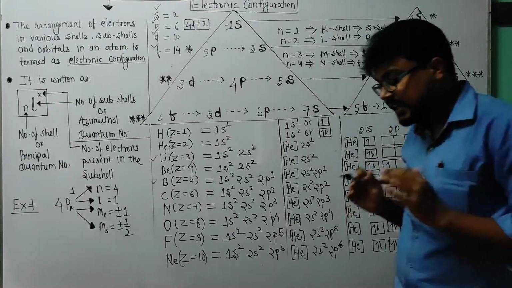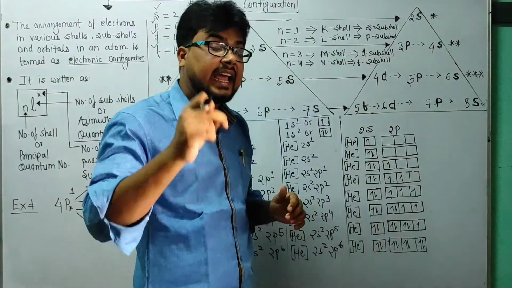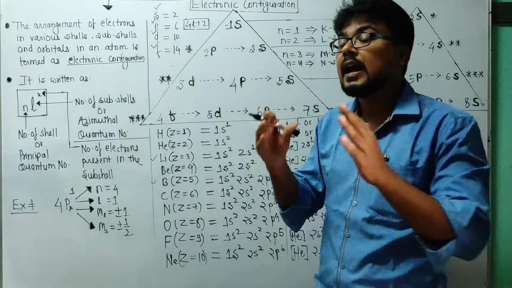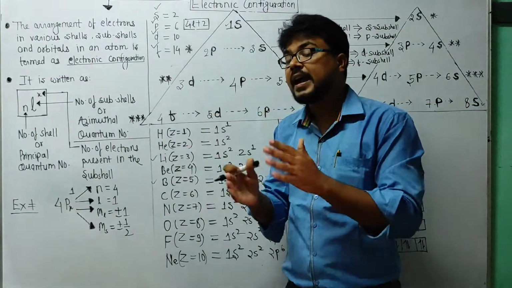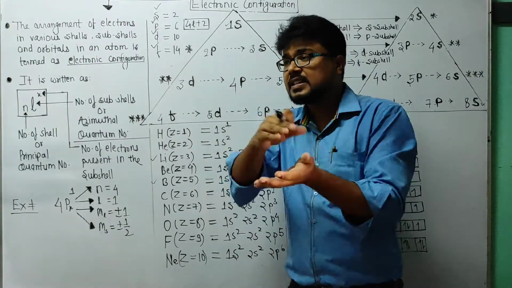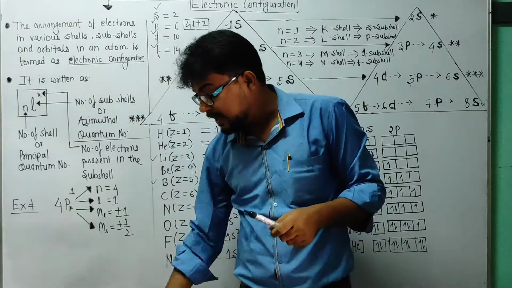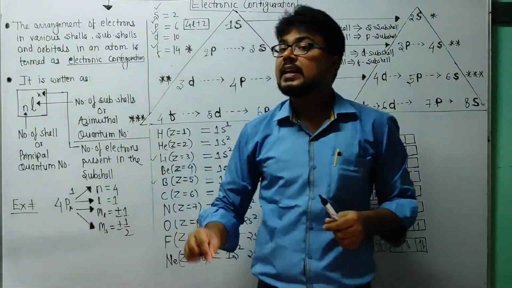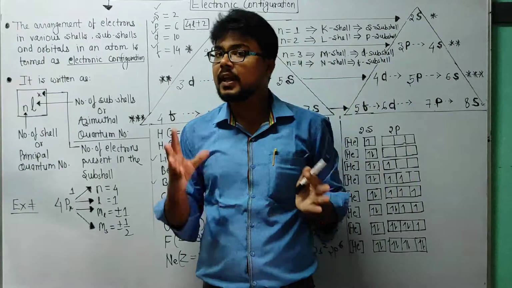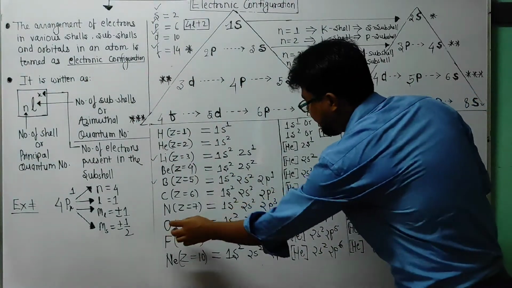It is compulsory to fill a single electron in each orbital until each orbital is half filled, meaning its half-filled tendency is complete. We fill a single electron in each orbital until it becomes half filled. So next, for oxygen, pairing will start.